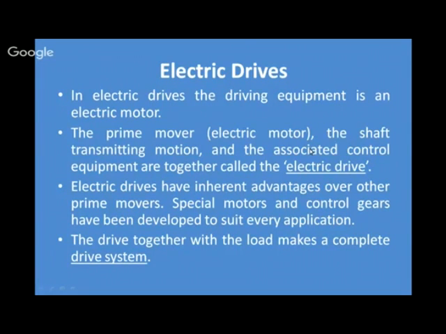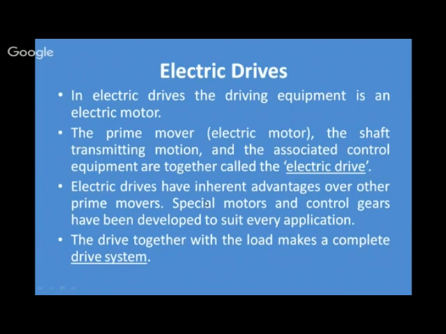We have shafts or pulleys which transmit the motion of the electric motor to the associated equipment, and the combination of the motor, the control system as well as the motion transmitting elements constitutes the electric drive of the system.